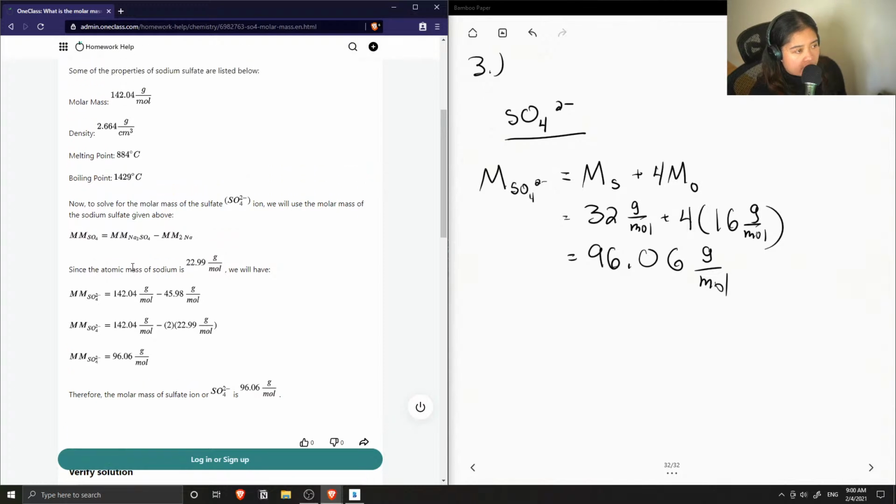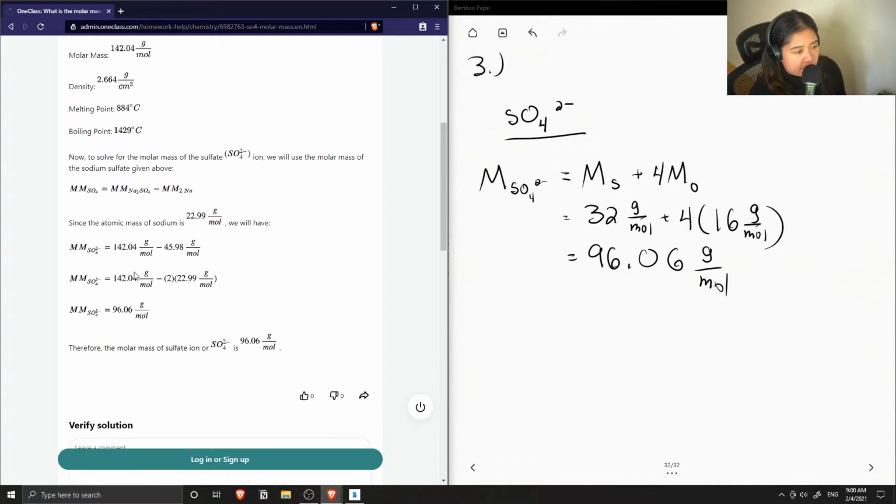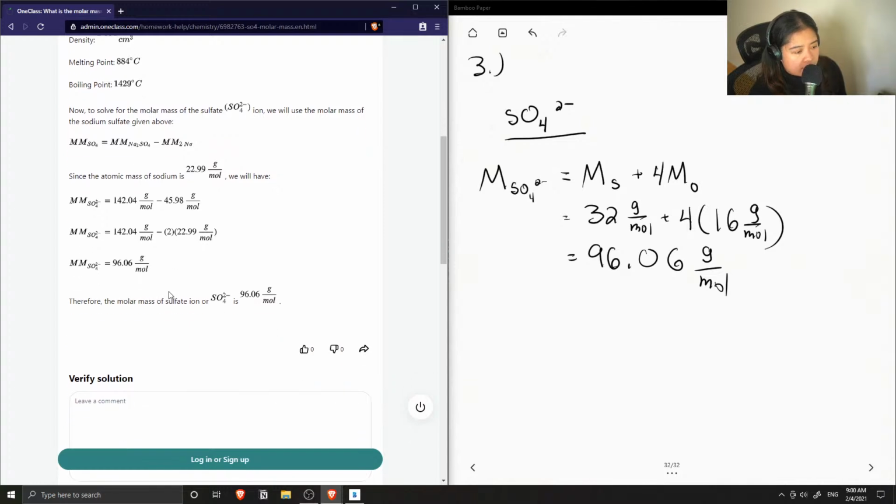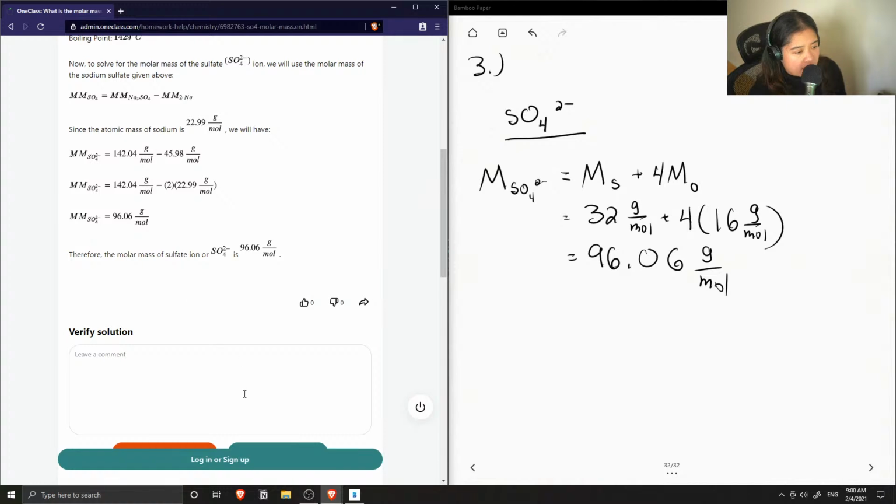So they have the total molar mass of sodium sulfate minus, I'm guessing, 2 times 22.99. And they also got 96.06. Okay, so this solution is correct. That's a different approach in solving this question.